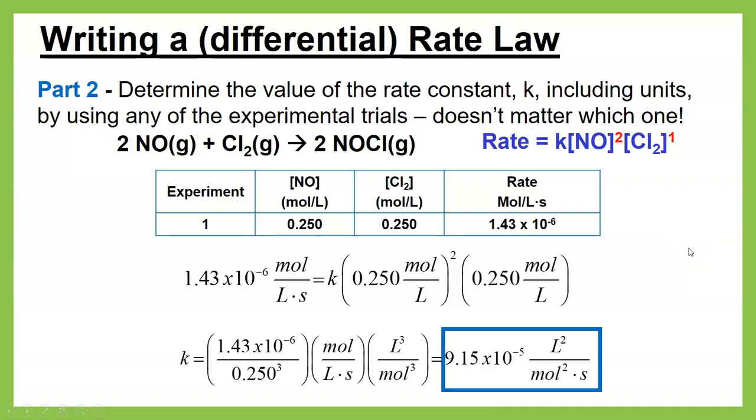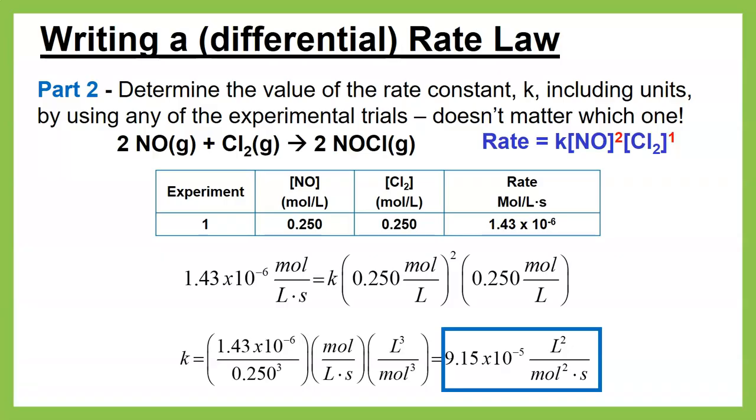You will notice the units get a little bit of a nightmare, don't they? They get a little bit nasty here. I prefer, personally, instead of writing moles over liters, to write a capital M for molarity. That makes it not quite so cluttered.